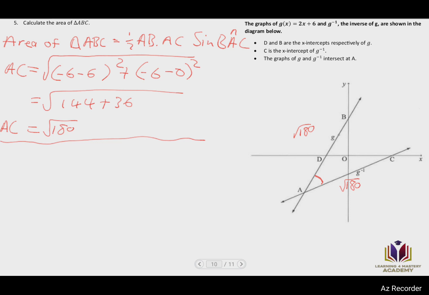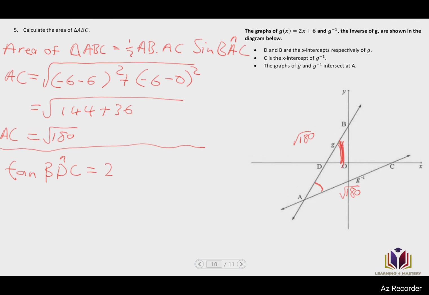If we can get the angle of inclination of AB, so we're going to say tan of angle BDC, for example, BDC, yes, is equal to the gradient of AB, which is 2, right? So we are trying to get this angle, but what's the goal with that?